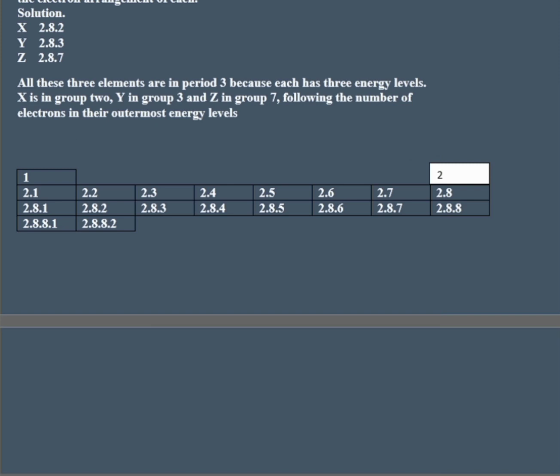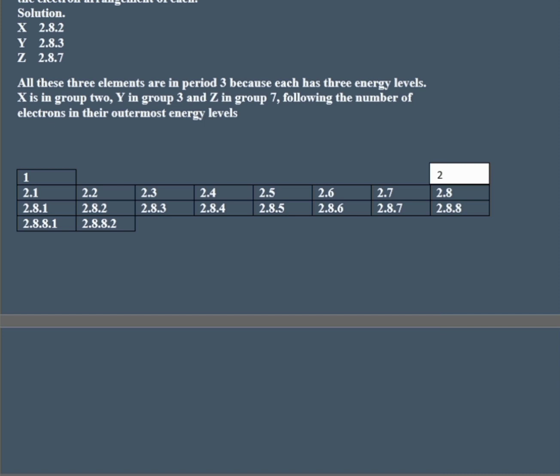And those in group 8 have 8 electrons in the outermost energy level, with the exception of helium, which has 2 electrons in the outermost energy level.